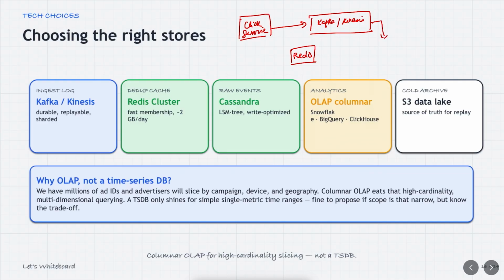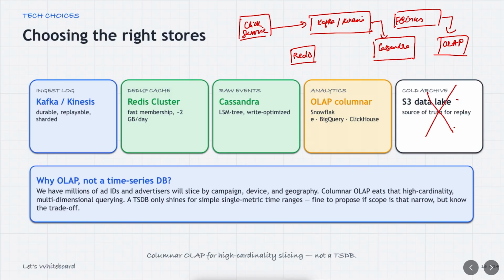There was also one option to choose Cassandra. We have not actually used it in the final design, but we can still talk about it. Then eventually we have Flink tasks over here, and these Flink tasks store it in an OLAP database. We've not discussed the S3 data lake, so let's skip it for now.